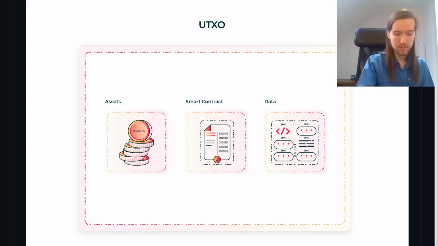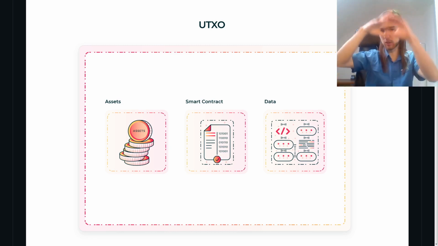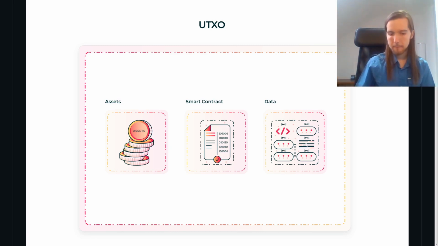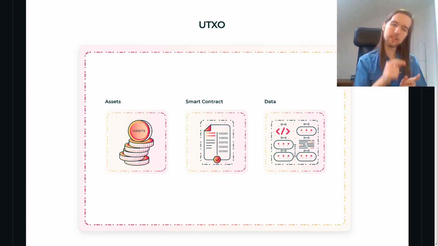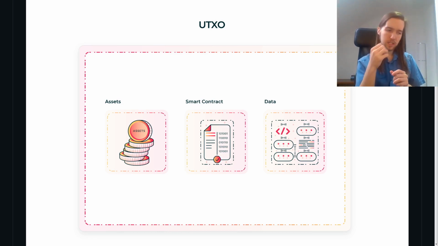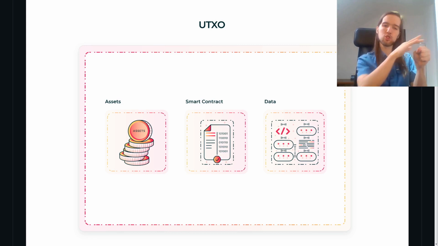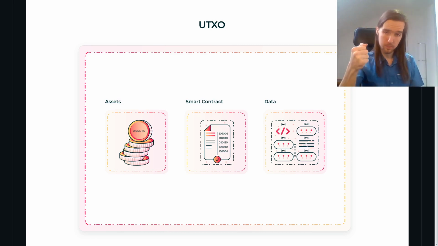And what's really cool about that is that with the account-based model, we run into many issues that are kind of tied to this more imperative style of programming, where you just have this account and global state. Because in the account-based model, you're effectively creating mutations of data with your transactions. But in the UTXO model, you're effectively issuing state transitions by destroying old data and creating new data.